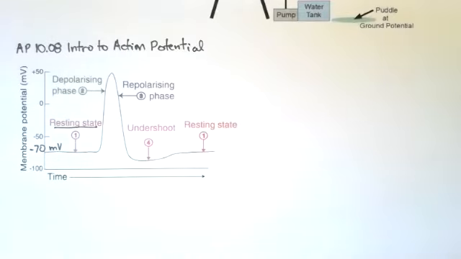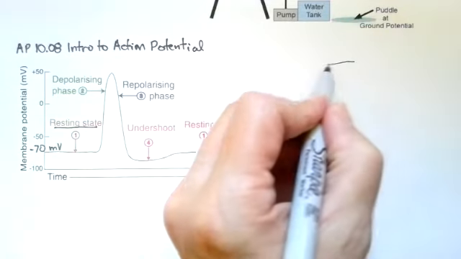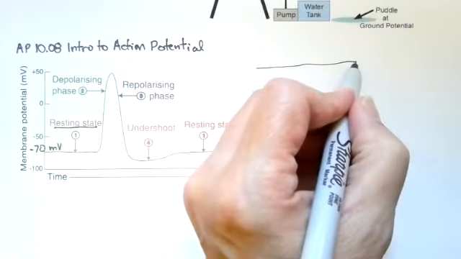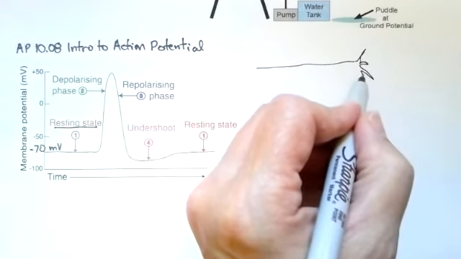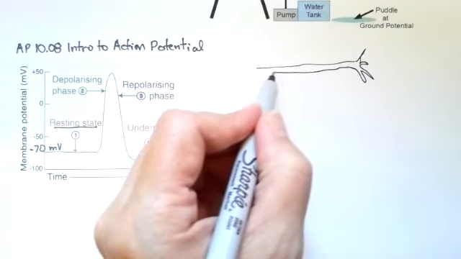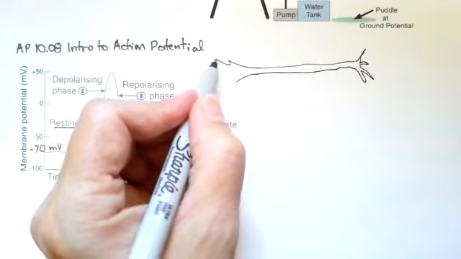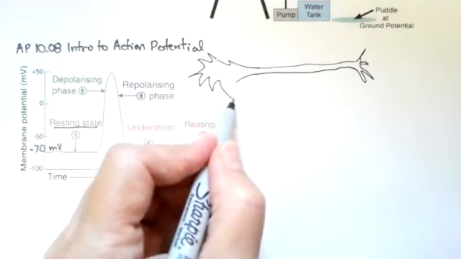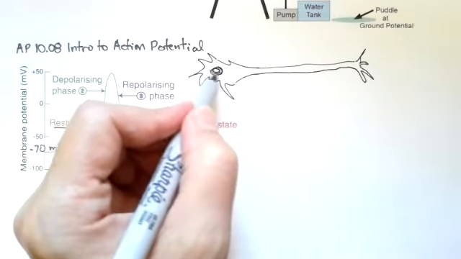So if I could come in, I'm going to draw a neuron. Looks a little bit more like a Dr. Seuss. There's my nucleus.